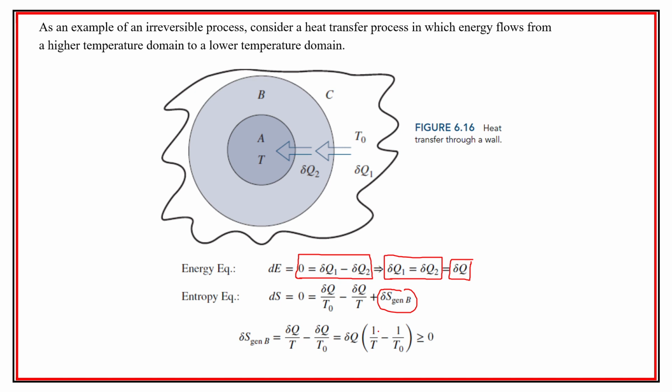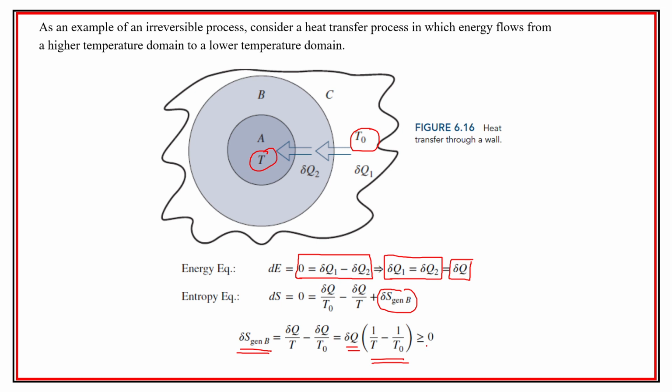So what we could say is that 1 over T, you could see that this is the same heat transfer that's going on there, and we're taking the difference between those two, and TO has to be larger than T. This tells us that the generation of entropy because of this process has to be greater than 0.